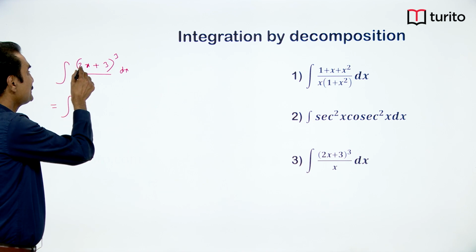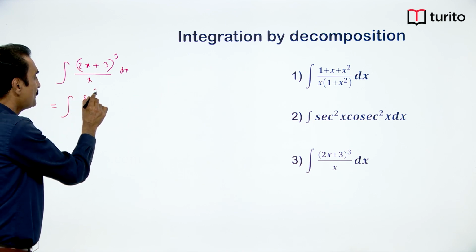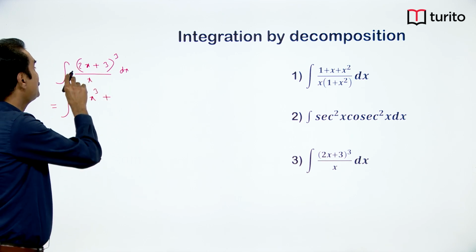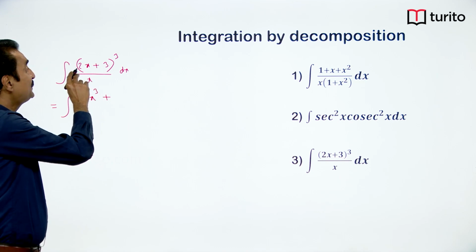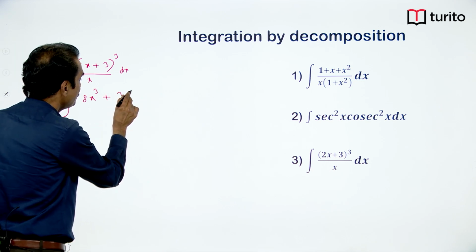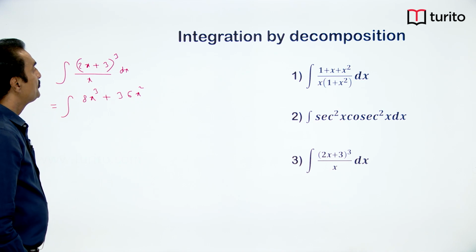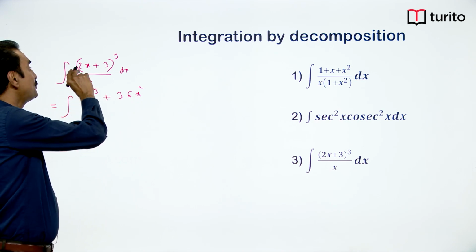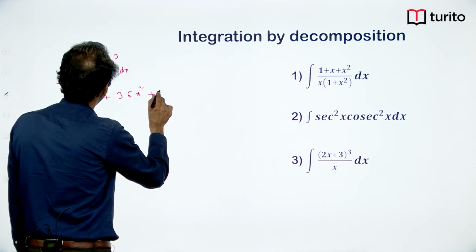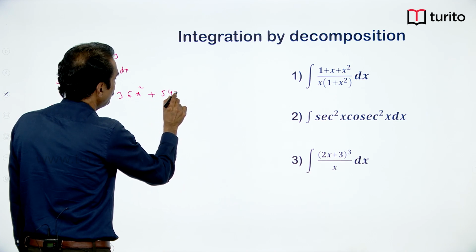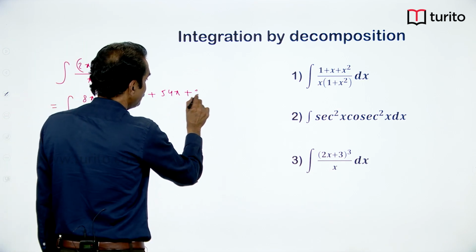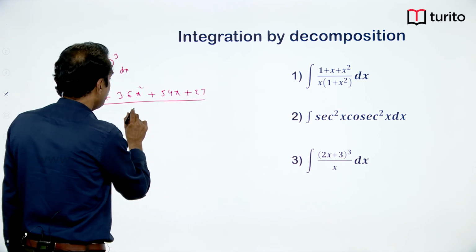So, a cube means 2x whole cube, 8x cube, plus 3a square b means 3 into 4x square into 3, that will be 36x square. Next, 3 into 2x into 3 square, that will be 54x. Next is 3 cube, 27, divided by x.